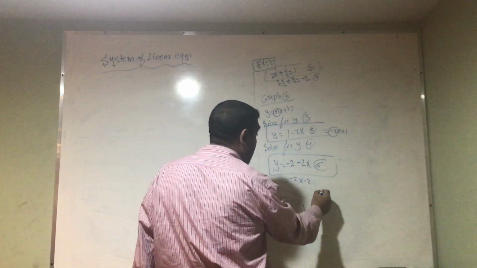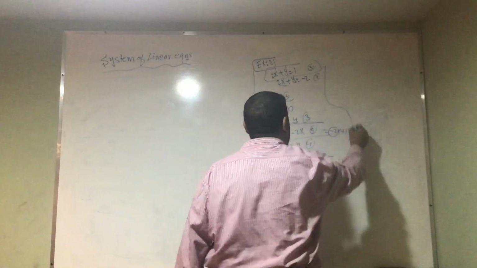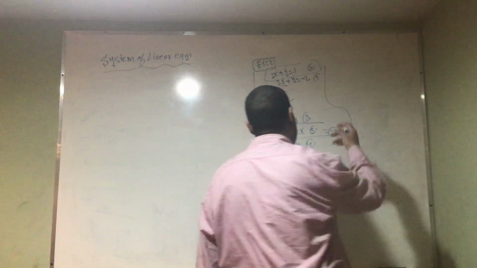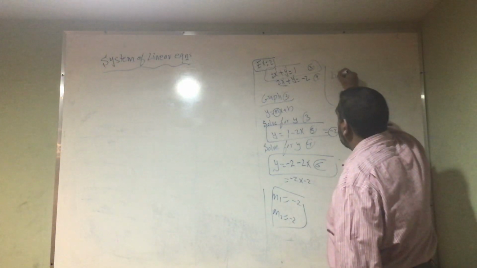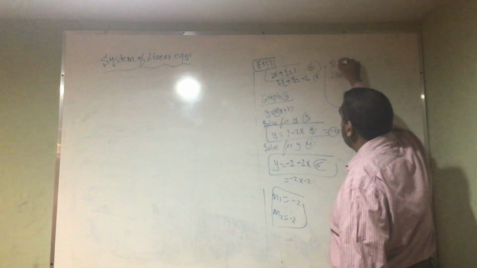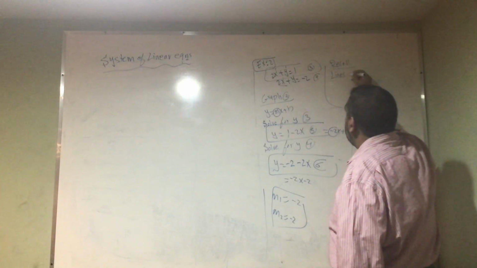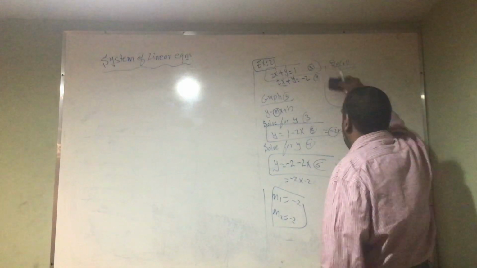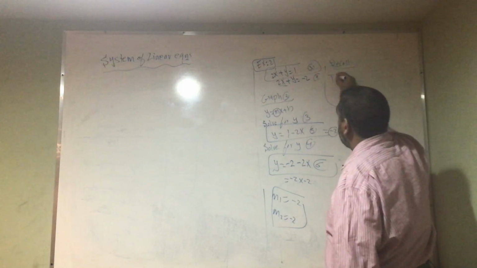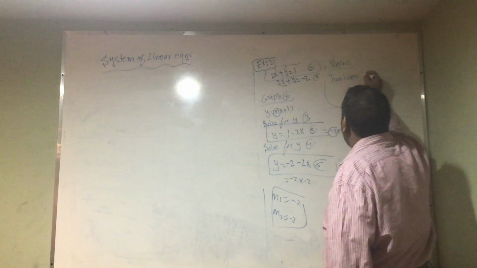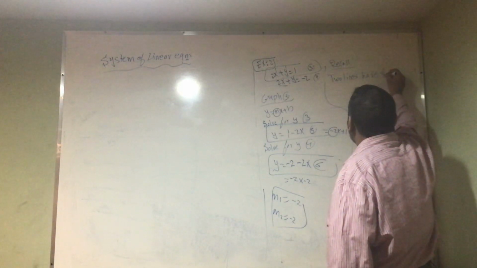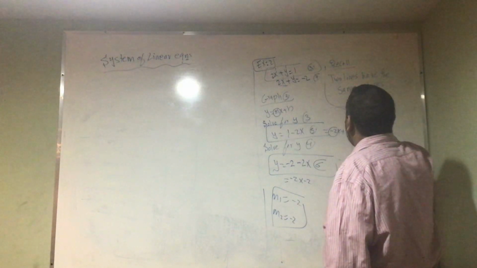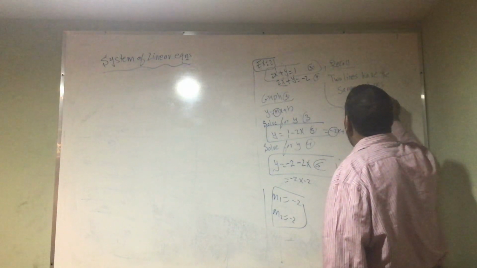I want you to recall from the last lecture: if you have two lines that have the same slope, then they are parallel.